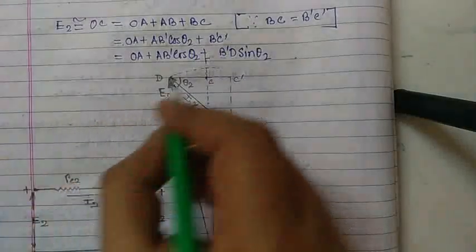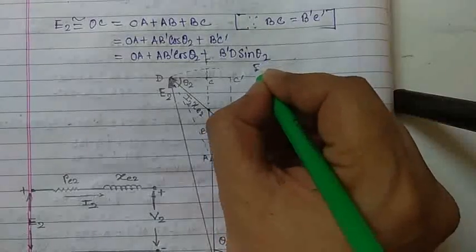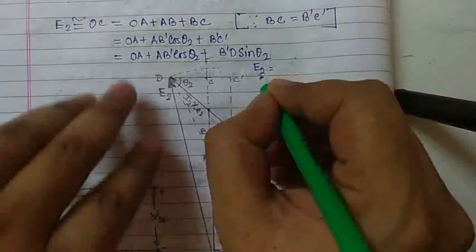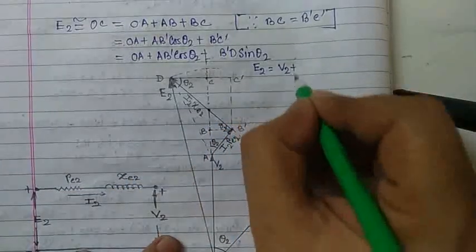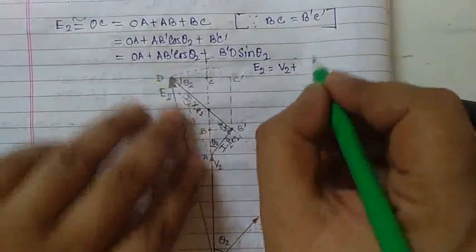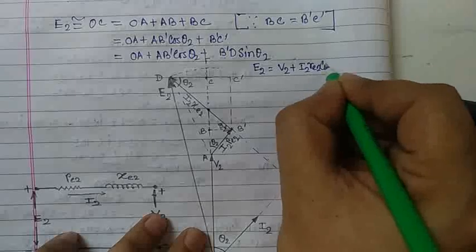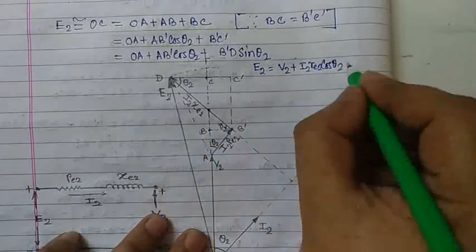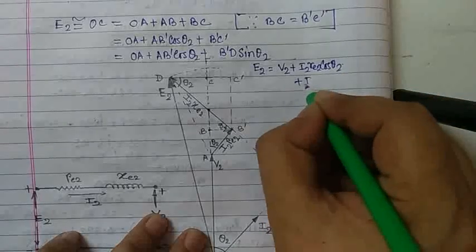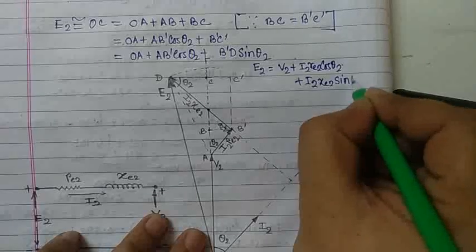So again E2 is nothing but OA, which is V2, plus A B dash, that is I2 RE2 cos theta 2, plus B dash D, that is I2 XE2 sin theta 2.